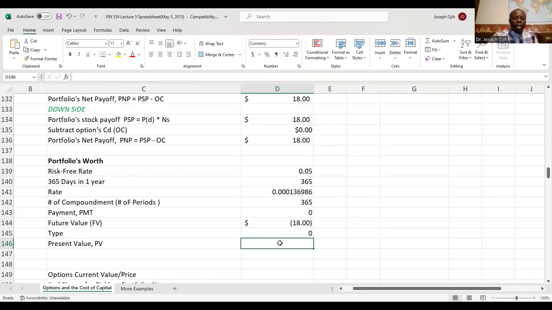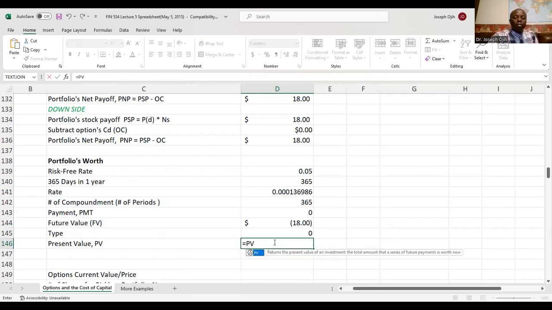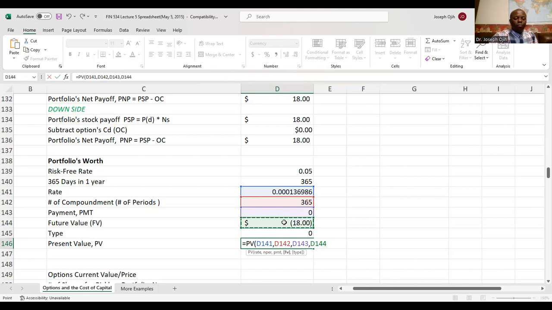So now we can look at how much it is worth by calculating the present value, PV. Rate, comma, number of compoundments, comma, payments, value of future value, comma, and type 0.